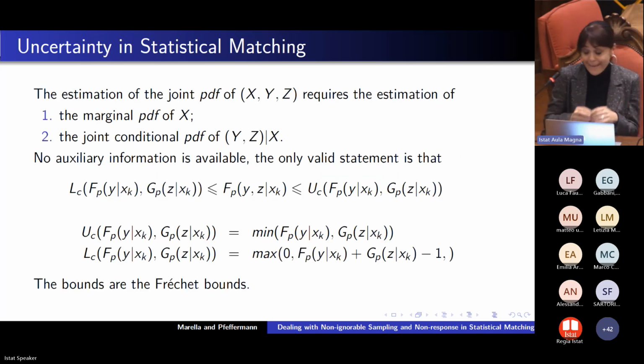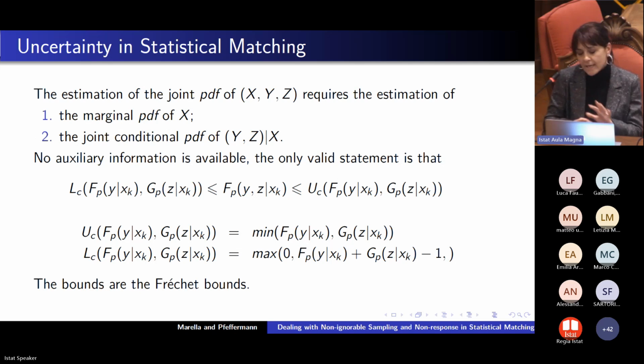Now, the statistical matching problem requires essentially the estimation of the marginal distribution of X and the estimation of the joint conditional distribution of Y and Z given X. Now, the problem is the second point, because we don't have joint observations of these variables.